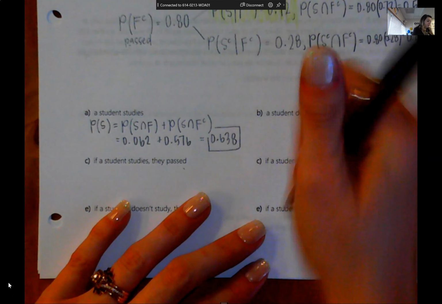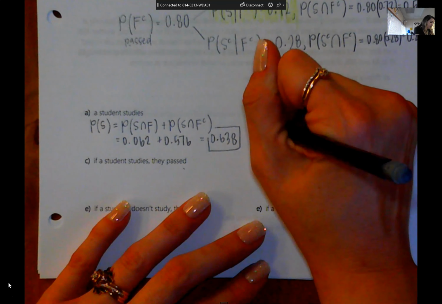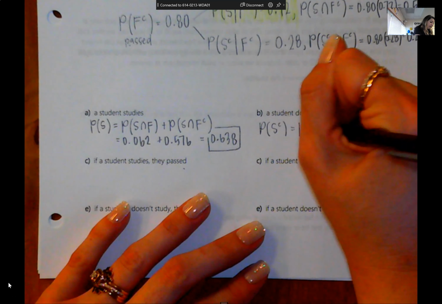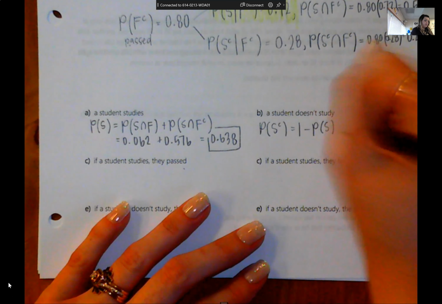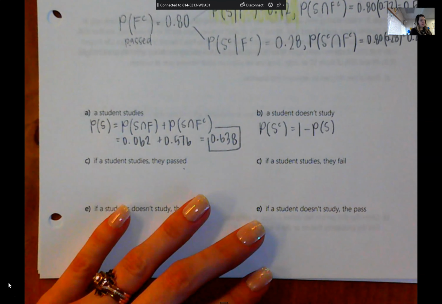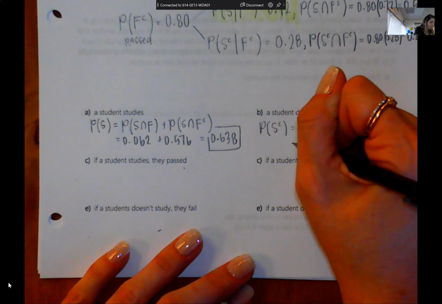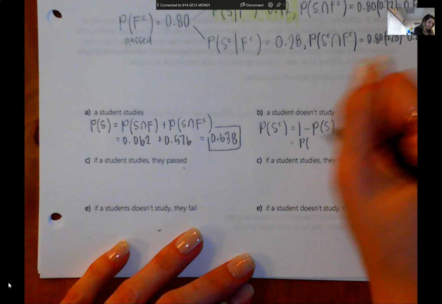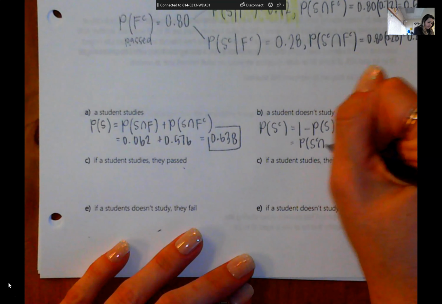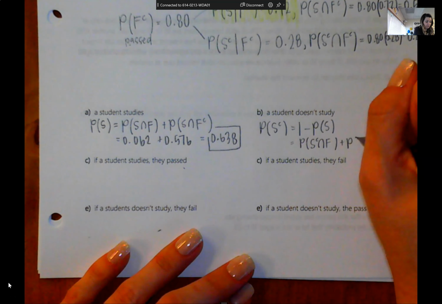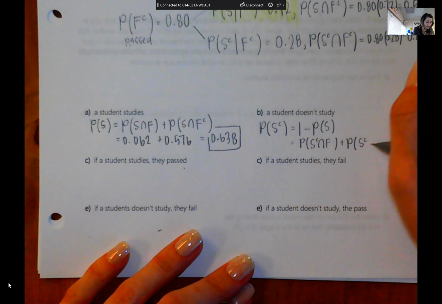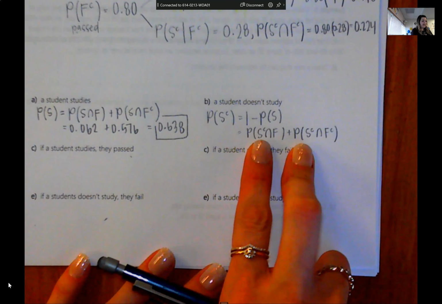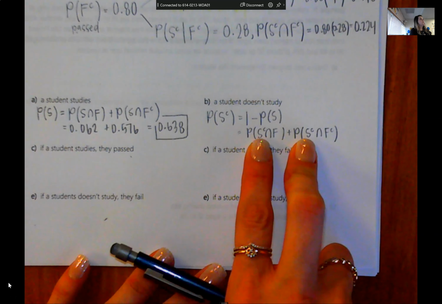Okay, well then right across from it, they want to know the complement. So you could do 1 minus P of S. And if you hadn't already calculated P of S, then you would do the probability of S complement and F plus the probability of S complement and F complement. So you would do the intersections that did not study.